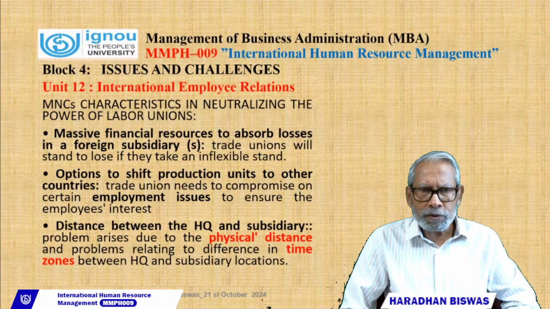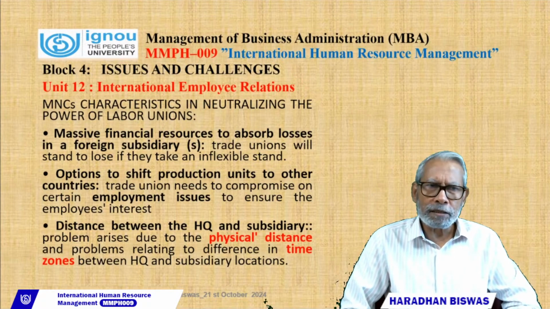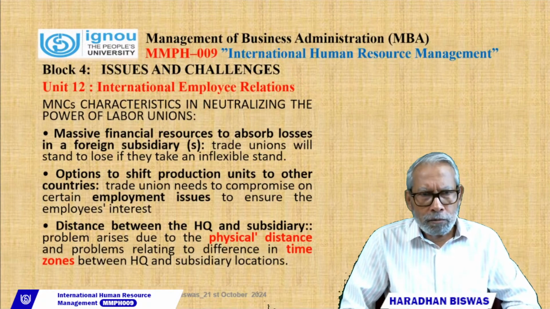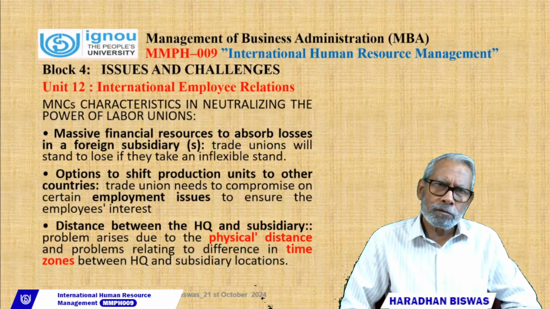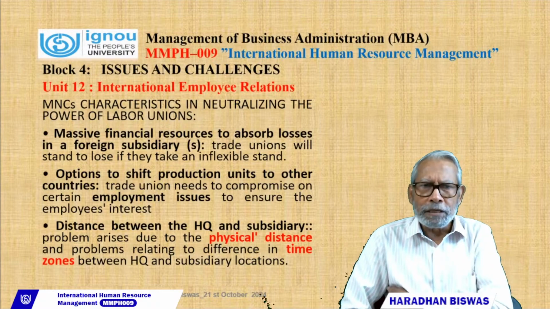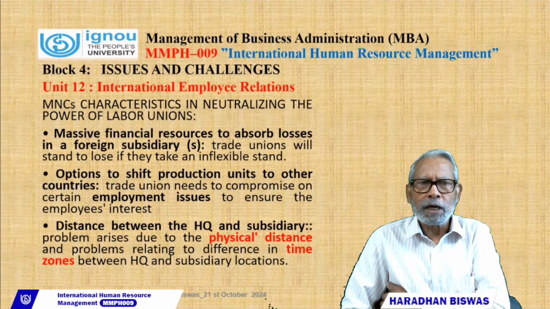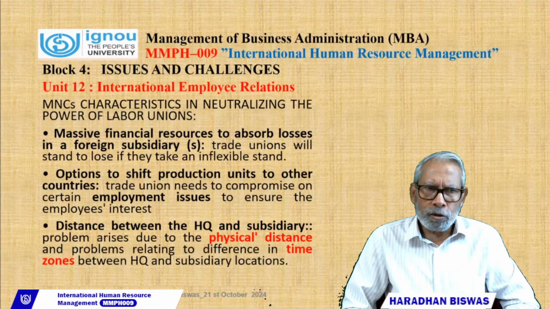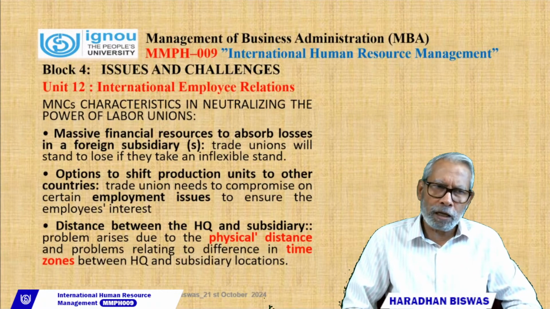Options to shift the production unit to another country. Again, this is through discussion with the unions. The trade union needs to compromise on certain employment issues and ensure their employees' interests.